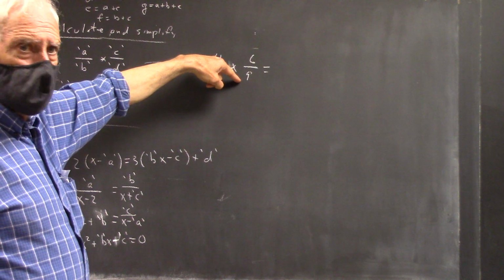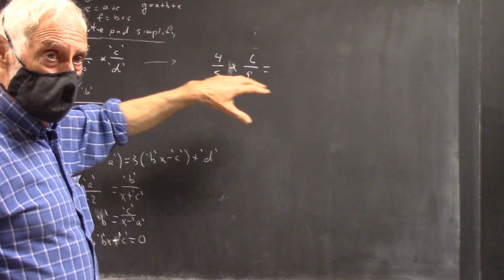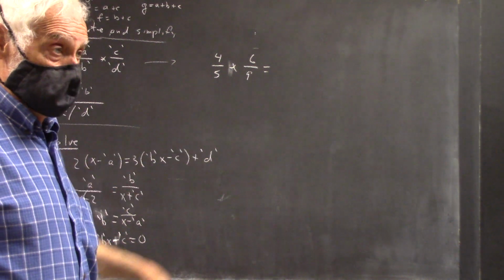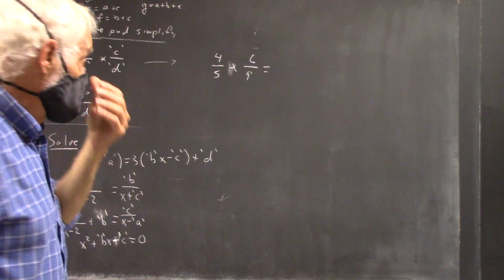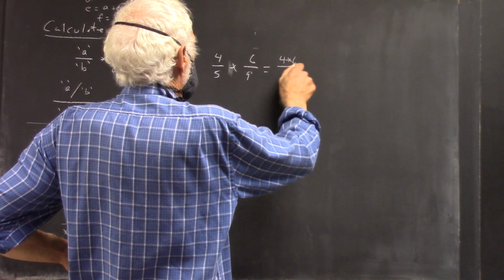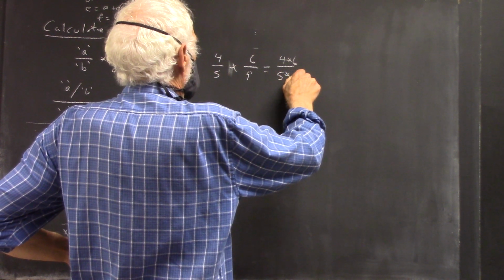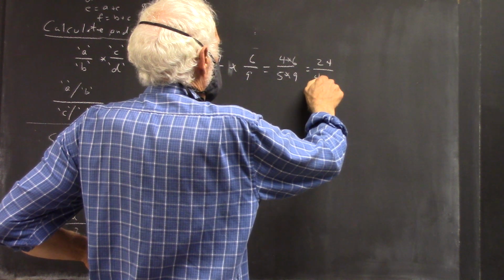And probably ordinarily that's what you do because you end up with smaller numbers. But just to illustrate the operations without going to that step, and that's a step I think everybody understands. This is just 4 times 6 over 5 times 9, which is 24 over 45.